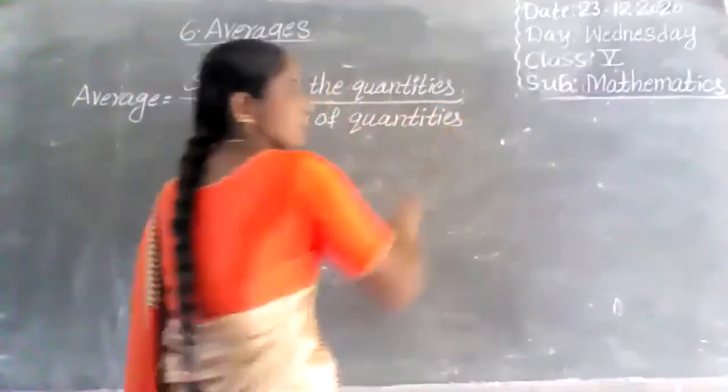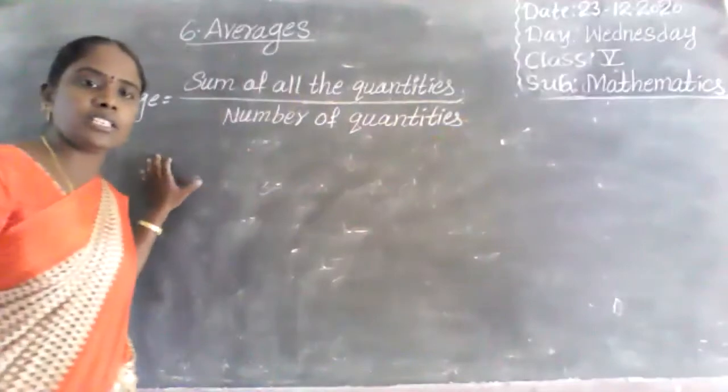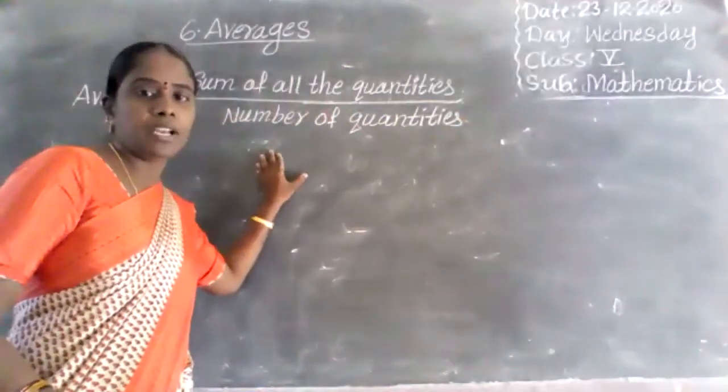First principle is average equals sum of all the quantities by number of quantities given.